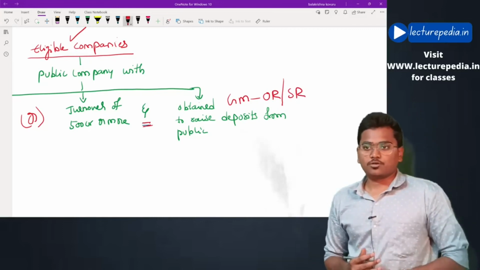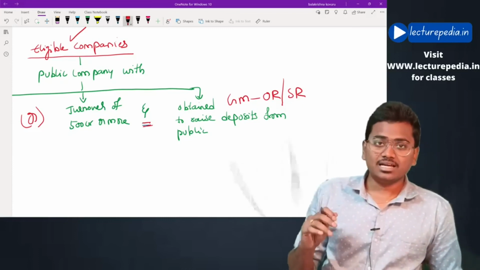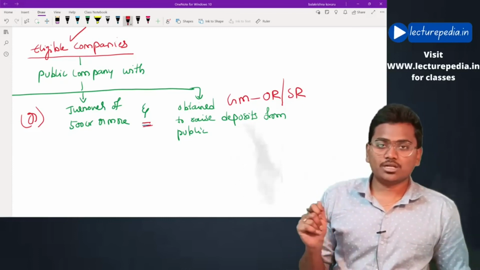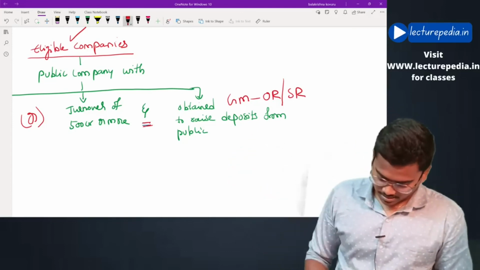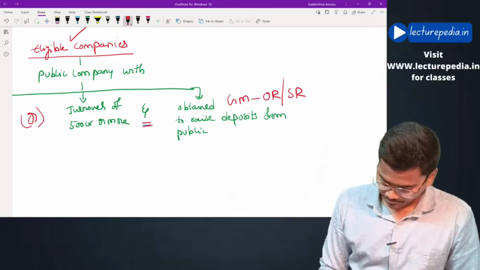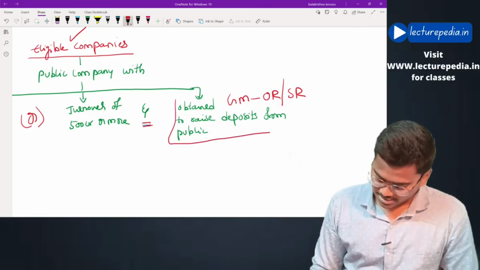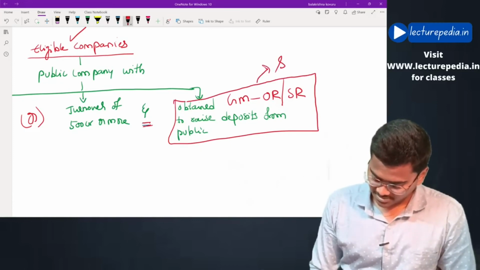Why, sir? Why ordinary resolution or special resolution? I'll tell you. There is a linking with section number 180. I forgot that linking, and I told you it as general special resolution. Sorry, I'll explain you that linking. Basically it is related to section number 180. I'll explain it.